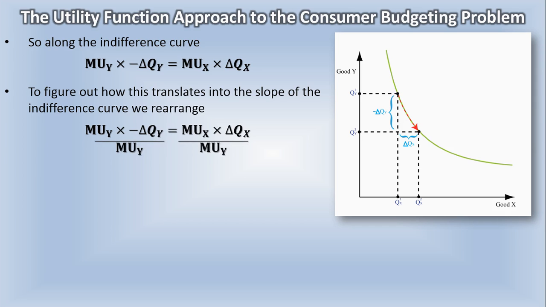So I divide both sides by that to get that on the right-hand side, and then I'm going to divide both sides by the change in Qx to get that on the left-hand side to get me to my standard slope expression, the change in Qy over the change in Qx in this case.